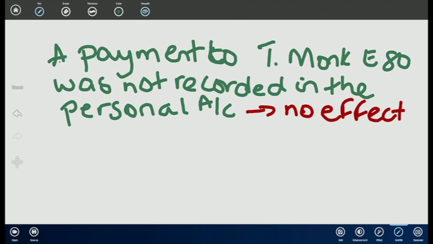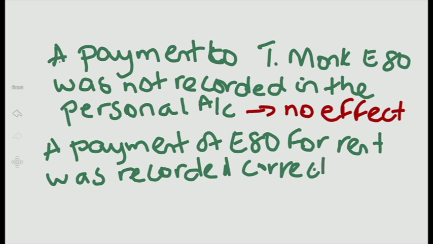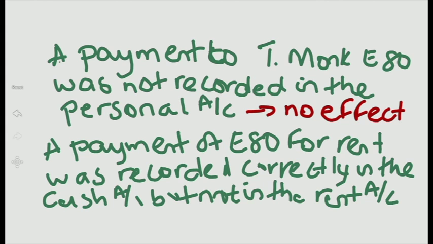Then the next one, it is a debit. We made a payment of 80 emalangeni. The rent account, therefore, has been undercasted by how much? By 80 emalangeni. We have seen this in our profit and loss account. We record the rent account. That simply means the rent account was undercasted.